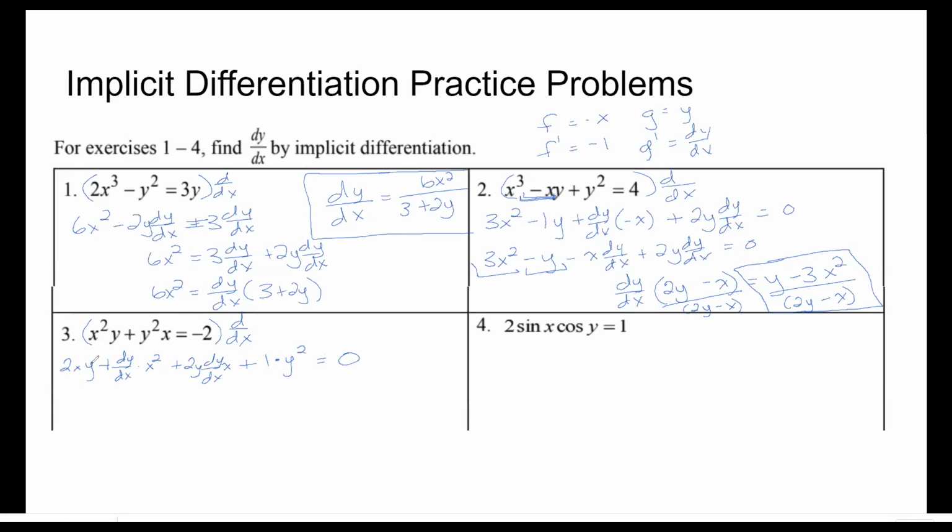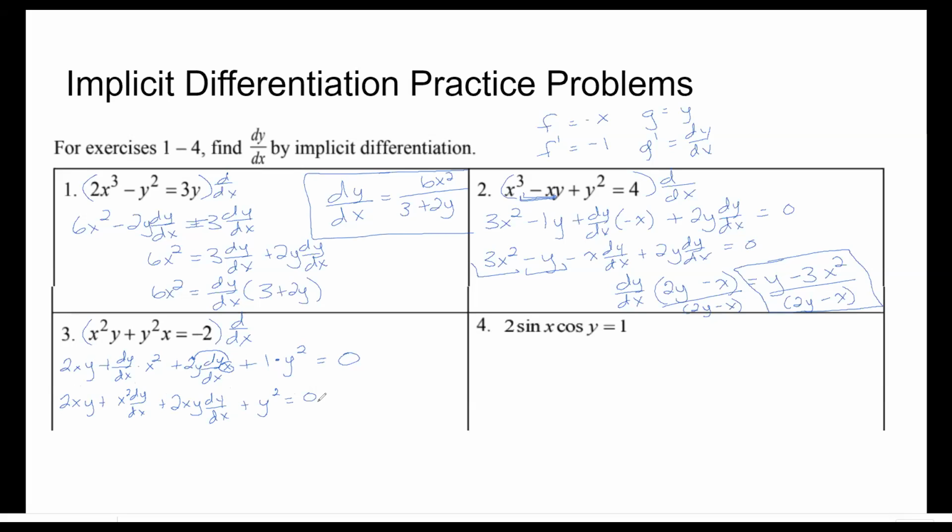So I'm just going to rewrite this so that it makes a little bit more sense. I have 2xy plus x squared dy dx plus, it looks like I have 2, this x needs to bump to the front here. So I have 2xy dy dx plus y squared.